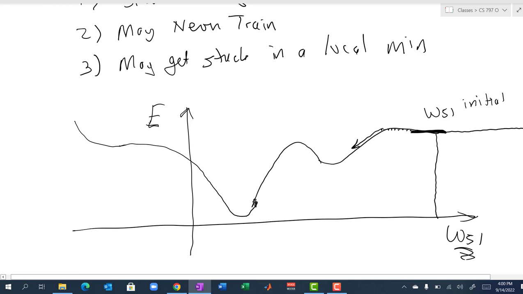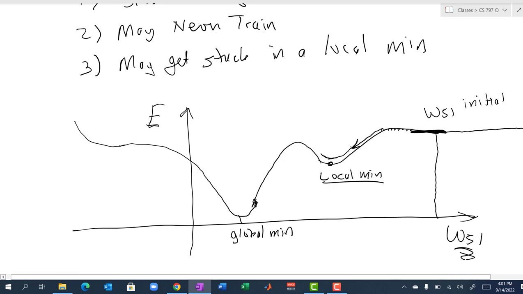And things are looking good, but then we get stuck at the bottom here of this local minimum. This is characteristic of minimization problems and gradient descent because it goes downhill, but if you have these up and down bumps, it could get stuck. Whereas what we really want is the global minimum here.